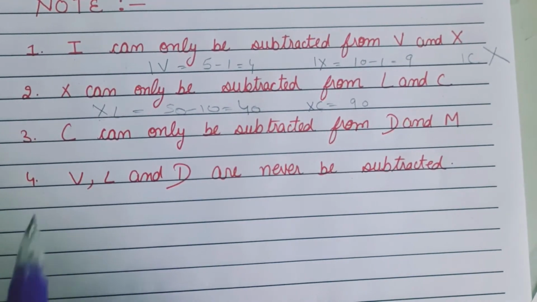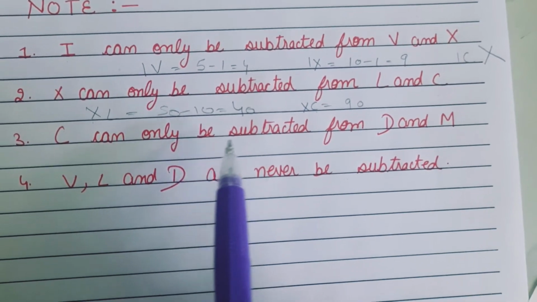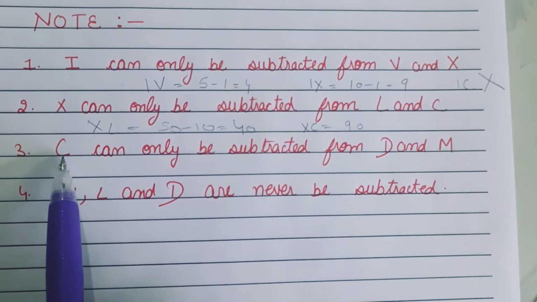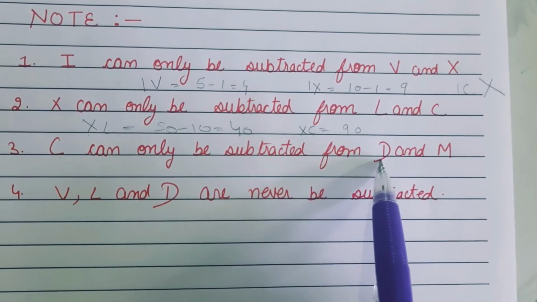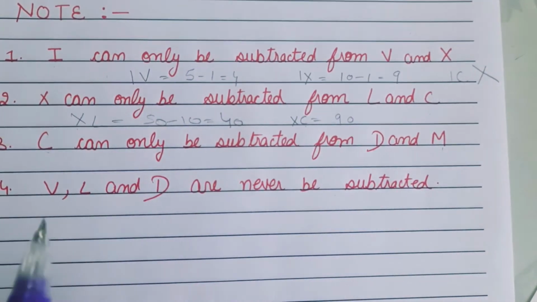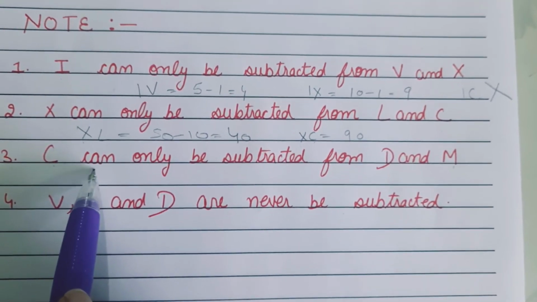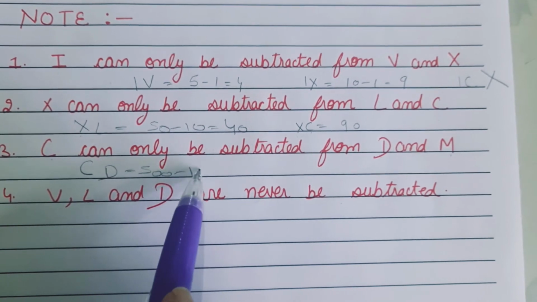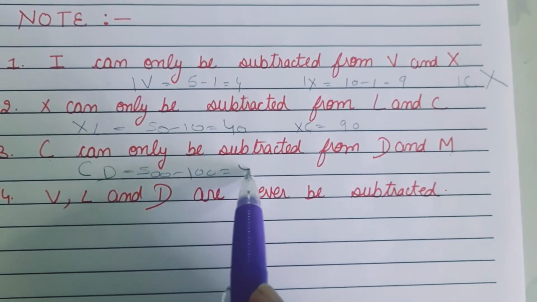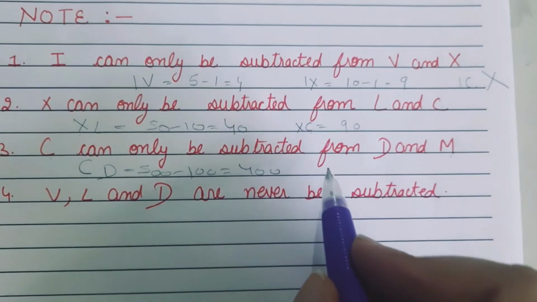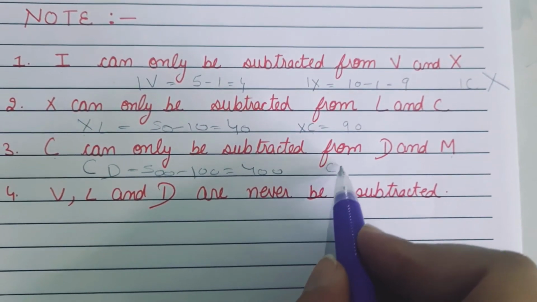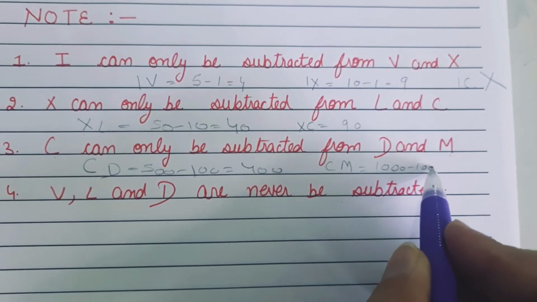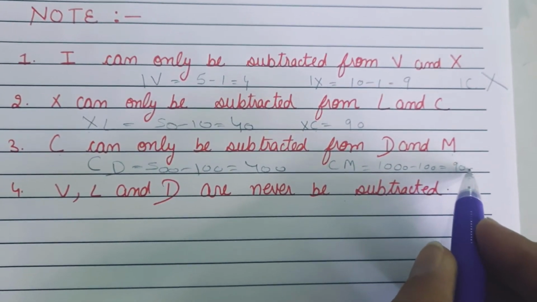The next rule is that C can only be subtracted from D and M. Here C is 100, D is 500 and M is 1000. So we write CD, which equals 500 minus 100 equals 400, and CM, which equals 1000 minus 100 equals 900.